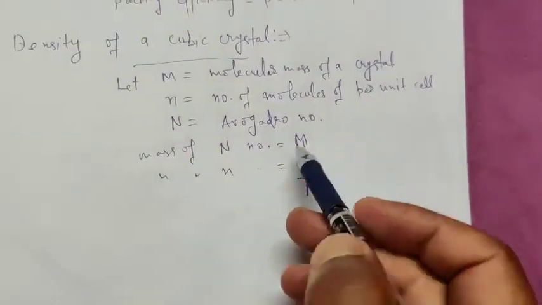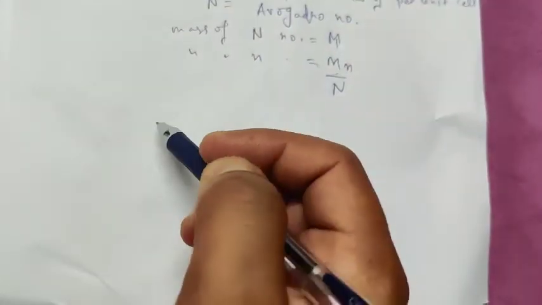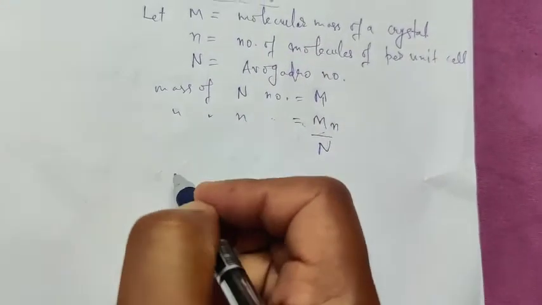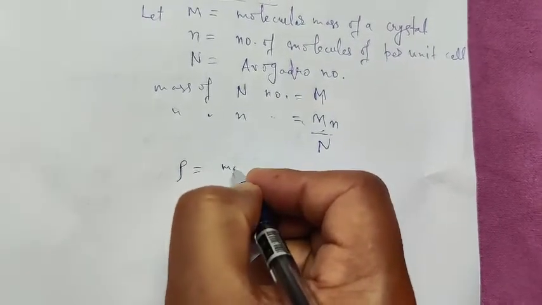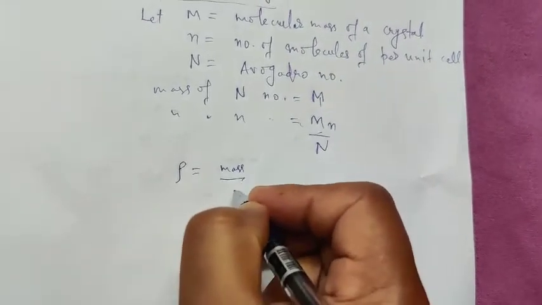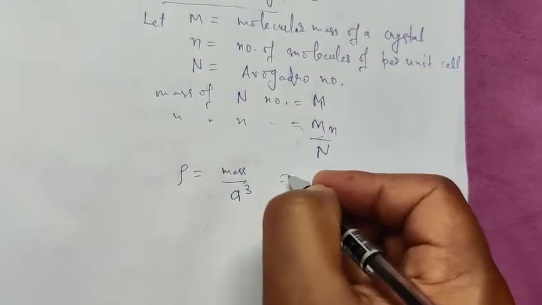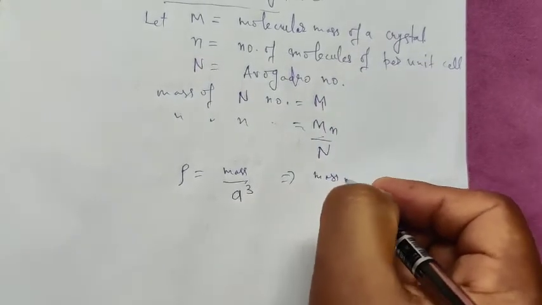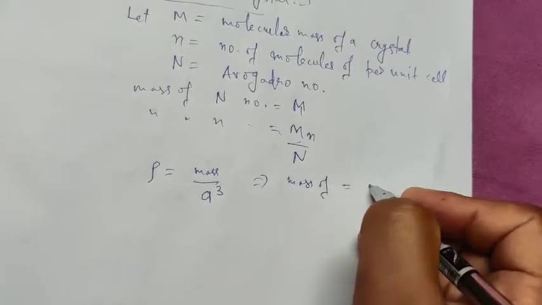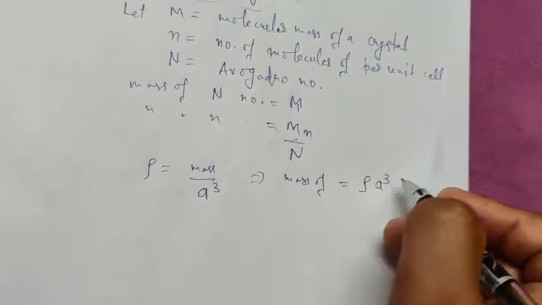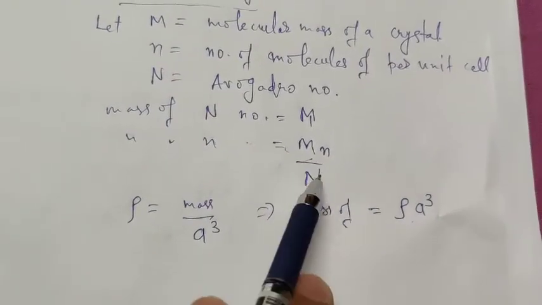So therefore, what is density? Density is mass upon volume. The volume of this cubic crystal will be a cube. So therefore the mass of these number of atoms per unit cell will be rho into a cube.